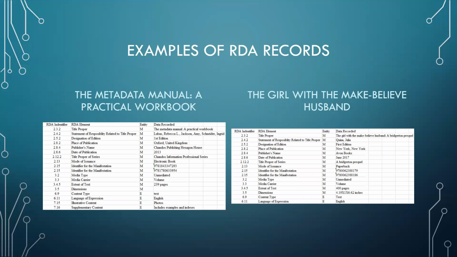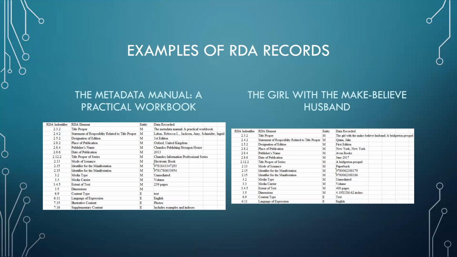I gave it the title proper, statement of responsibility related to title proper, designation of edition, place of publication, publisher's name, date of publication, title proper of series, model of issuance, identifier for the manifestation, media type, carrier type, the extent of text, the dimensions, content type, language of expression, whether there was illustrative content and supplementary content.